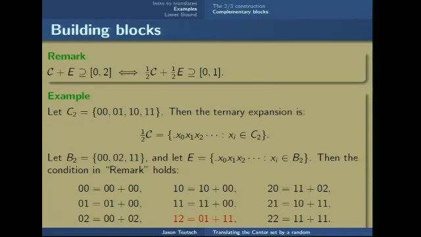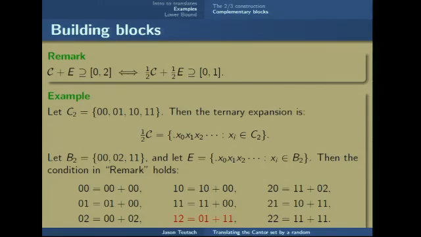And now we take our set E to be all the decimal expansions which can be written as sequences built out of blocks from these sets. So you can get 00, 02, 11, and just concatenate them together to make a real.